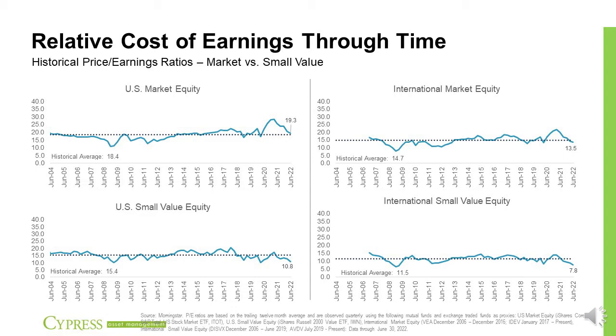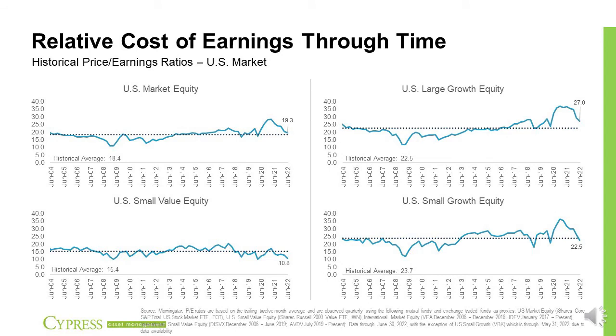Put more plainly, the more expensive stocks become in relation to their earnings, the lower their future performance expectations become. I will emphasize that this is a long-term relationship, and as we've already seen on previous slides, there's a wide range of possible short-term outcomes.